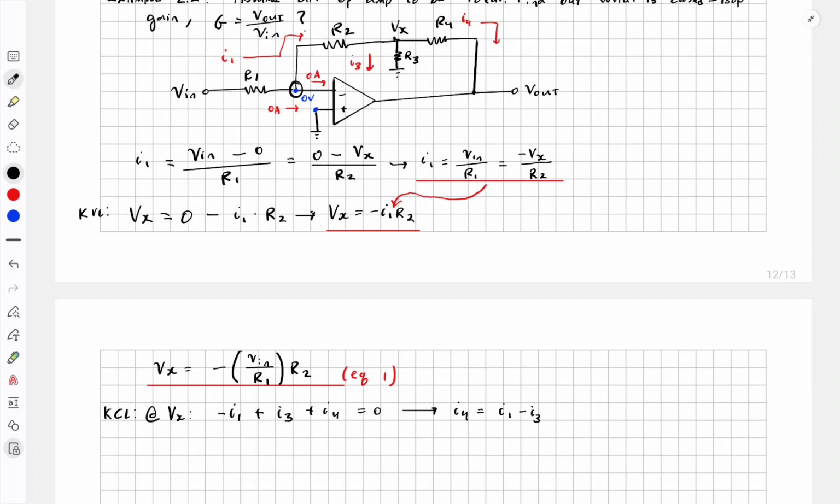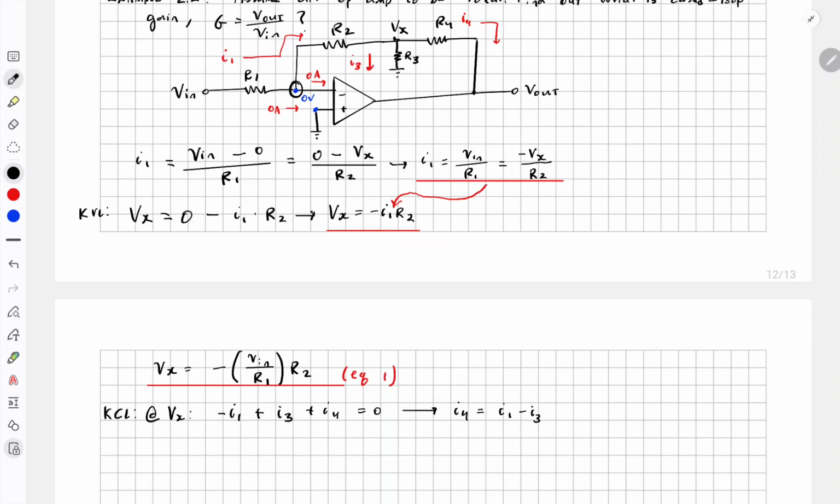Okay, so now we introduced I4. We don't know what I4 is. I1, we have used I1 here. We have not used I3 yet.